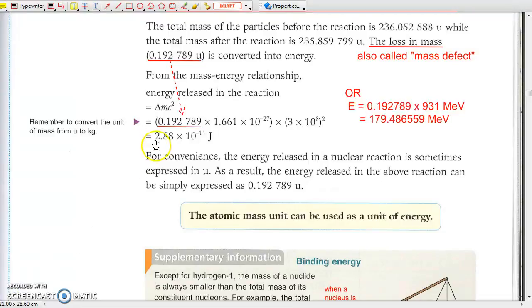For convenience, the energy released in such a nuclear reaction can be expressed as 2.88 times 10 to the power negative 11 joules, or 179 MeV, or even 0.192789 u. In other words, you may express nuclear energy in atomic mass unit.